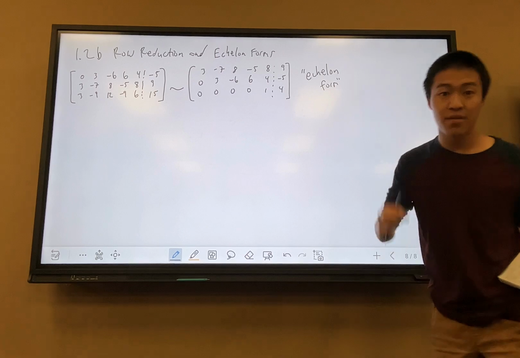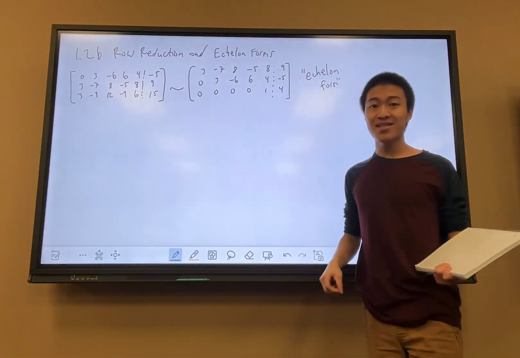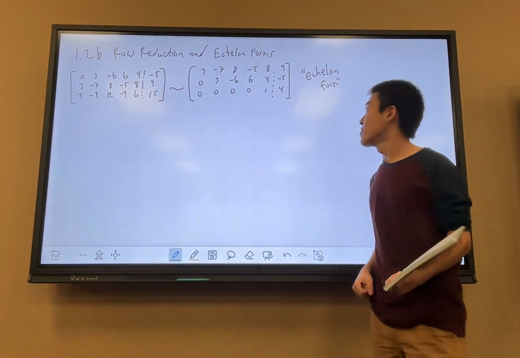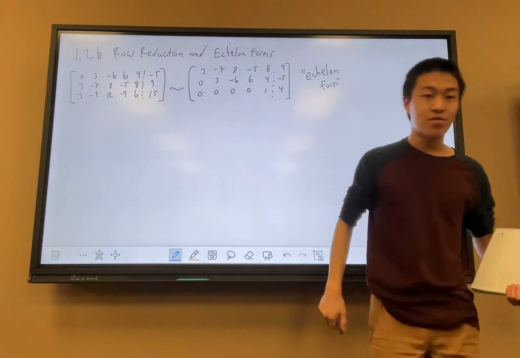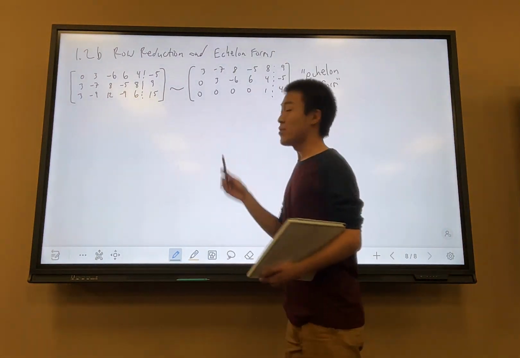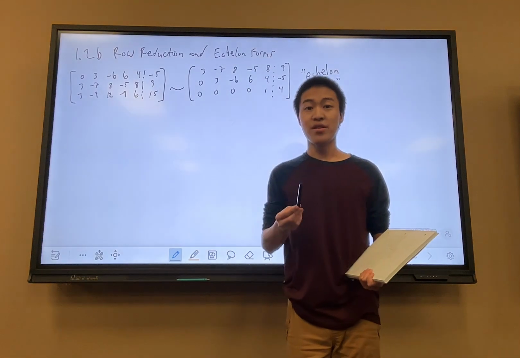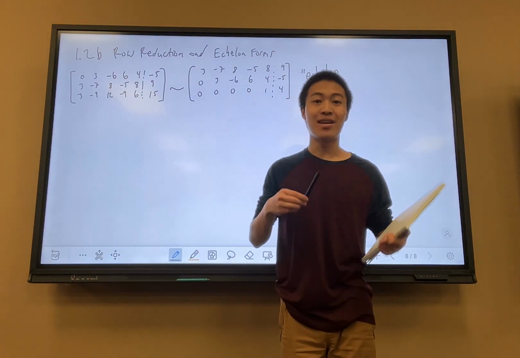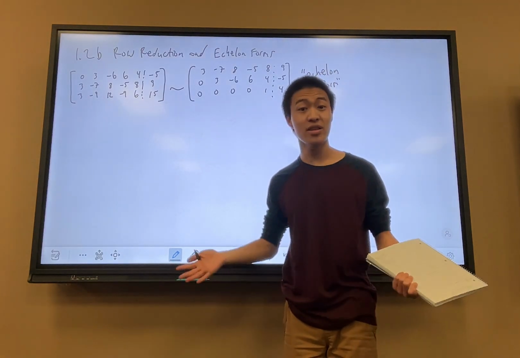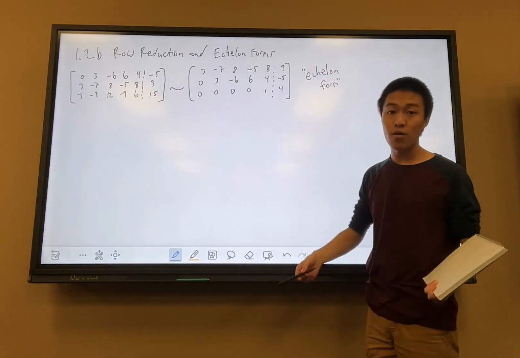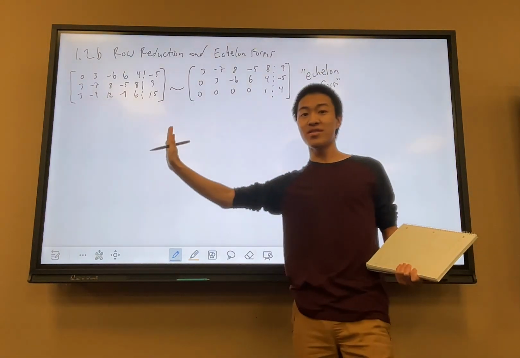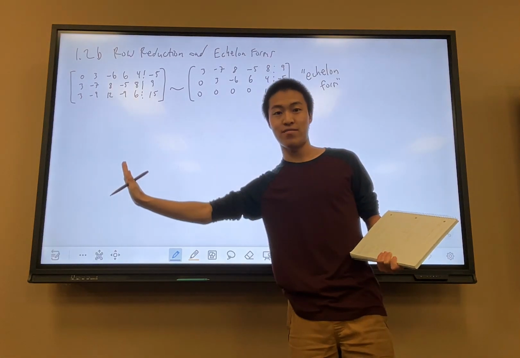There's a few criteria. The criteria are explicitly all listed in the textbook. So I'll first start with just the intuitive visual idea, and then I will also go and use the text. First things first, a pivot has to be what we call a leading term. What is a leading term? If I have a matrix, a leading term for each row is going to be the furthest left non-zero entry in a row.